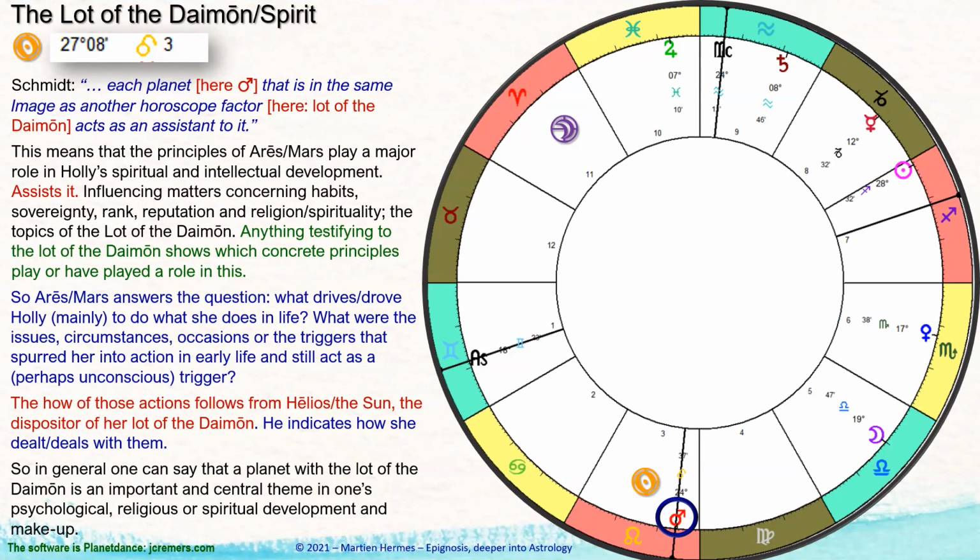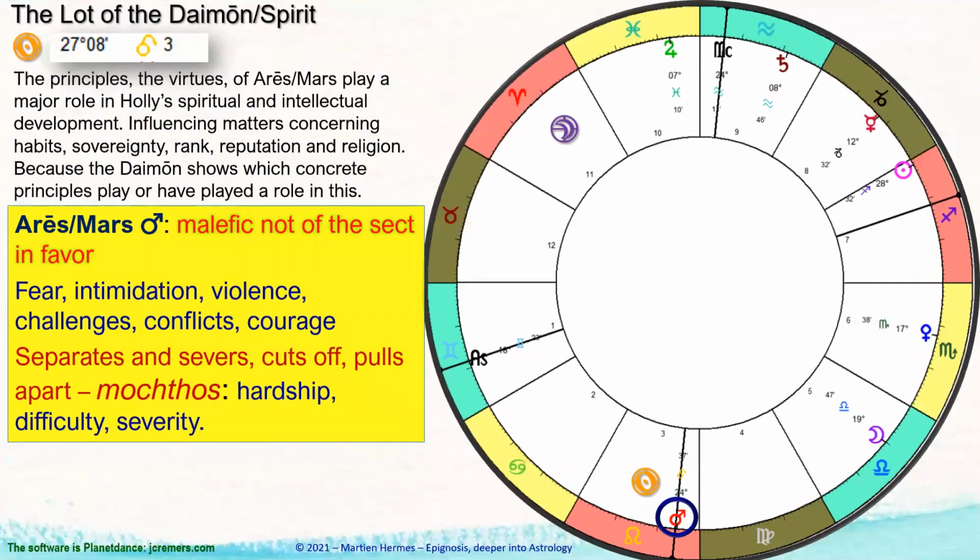Okay, so now that's interesting. But when we look at Mars, this Mars is malefic, not belonging to the sect in favor. For people not quite familiar with this language, this is a day chart, and we can see this by the fact that the Sun is above the horizon.